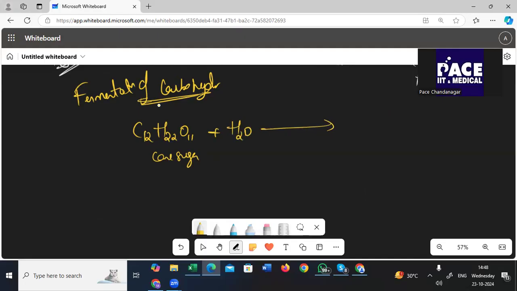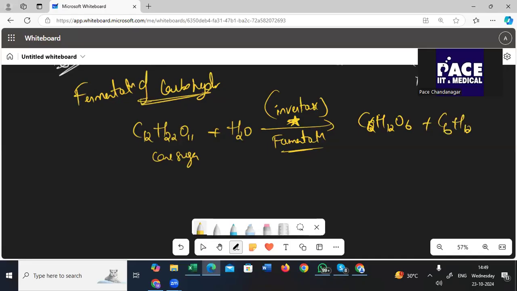As you keep on boiling it and you add some enzyme called invertase. Invertase is the enzyme which speeds up the reaction and it causes fermentation. It undergoes fermentation and then C6H12O6 is released. Another C6H12O6 also is released, nothing but glucose getting released. Okay, glucose is getting released there.